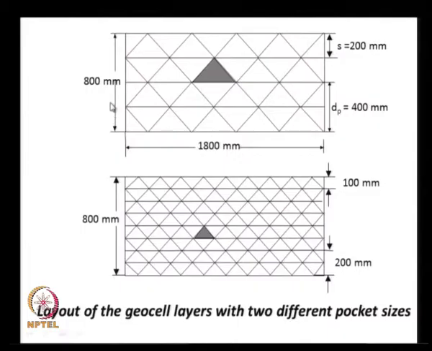The tank width was 800 mm and the length of the tank is 1800 mm, and the spacing of 200 mm like this dimension, and then 100 mm, and the triangular opening space that we get, that was converted into an equivalent circle just for the purpose of calculating the aspect ratio and other things, and the equivalent diameter corresponding to this triangle was used in all our calculations.